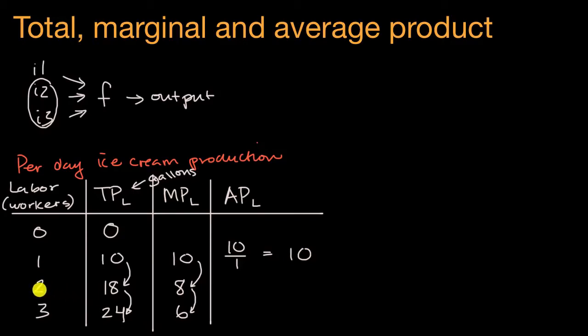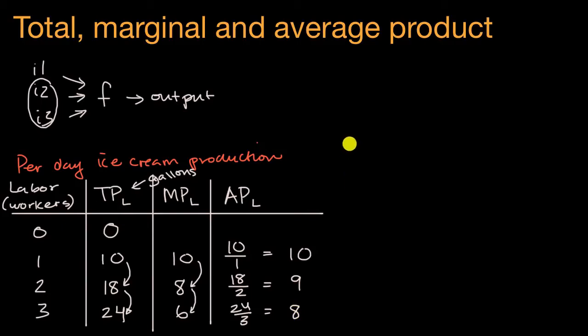Now when we have 2 people working per day and we're producing 18 gallons per day, our average product as a function of labor is going to be 18 divided by 2, which is going to be 9 gallons per worker per day on average. And then in this last situation, it's going to be 24 divided by 3, which is 8 gallons per worker per day on average.